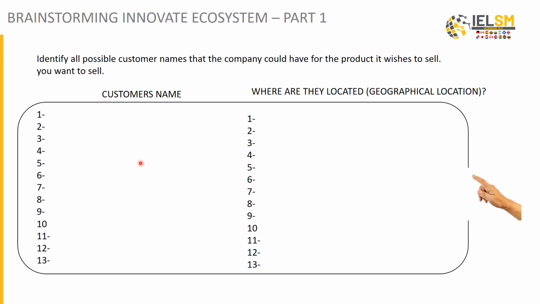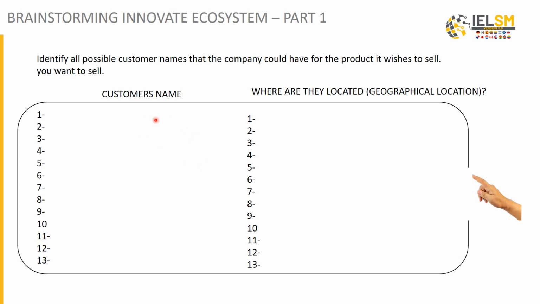Don't forget, the student should have done the brainstorming of ecosystem part number 1 and part number 2. For part number 1, it was very important to identify all the possible customer names of the company, or the customer names for our business model. Here the student should have made the name list with specific names.